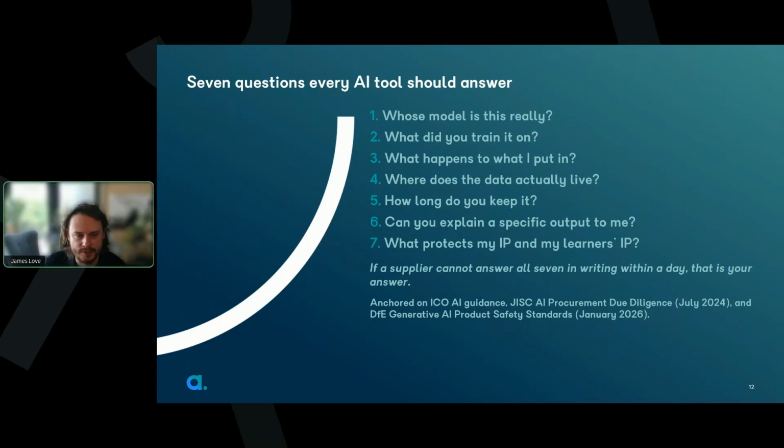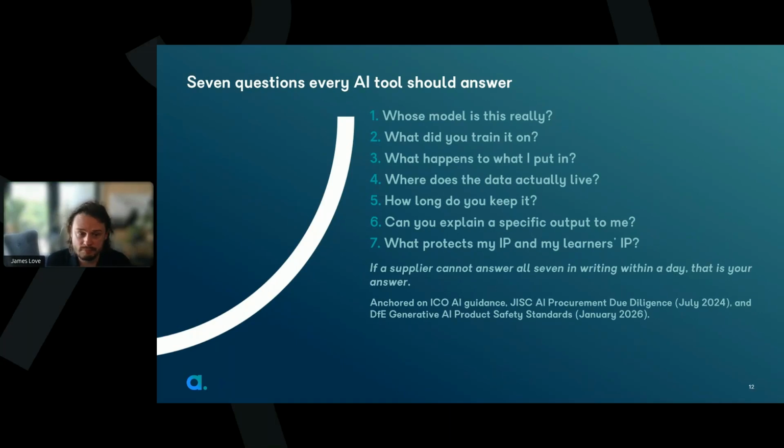So the practical side here, when you're talking with a supplier, there are really 7 questions that every AI tool should be able to answer before you go ahead and buy it, before you go ahead and make that decision. Whatever layer, whatever supplier, every AI tool you evaluate should be able to answer the same 7 questions.